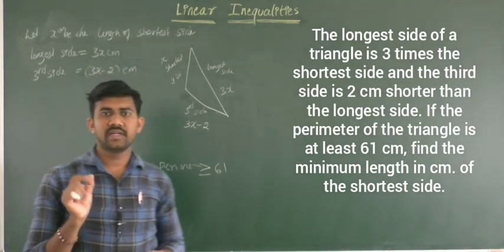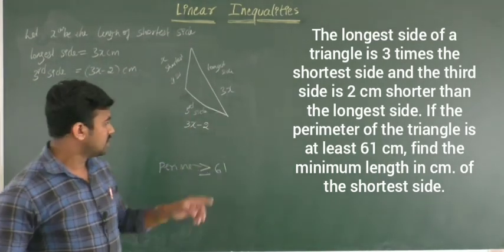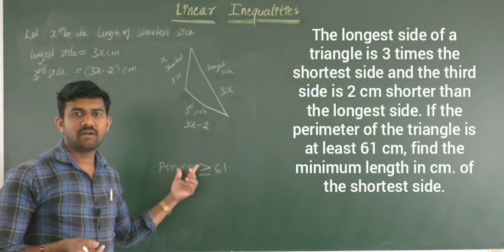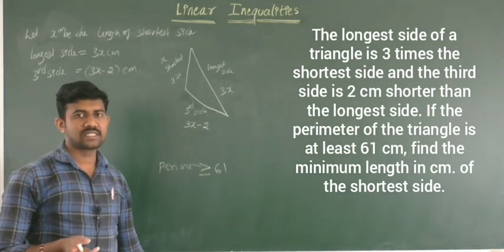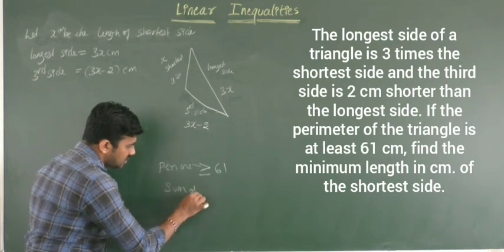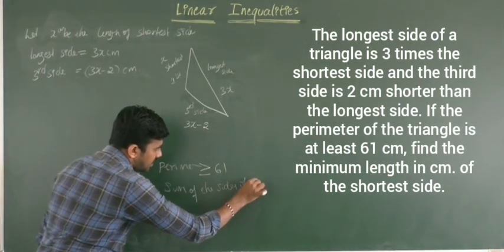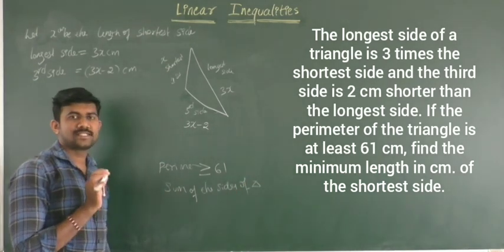So these are the data we know. And they also gave that the perimeter of the triangle is at least 61 centimeters. Perimeter means the sum of the sides of the triangle.